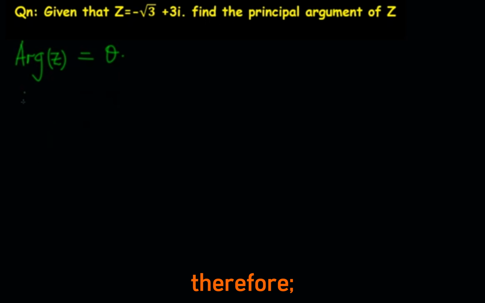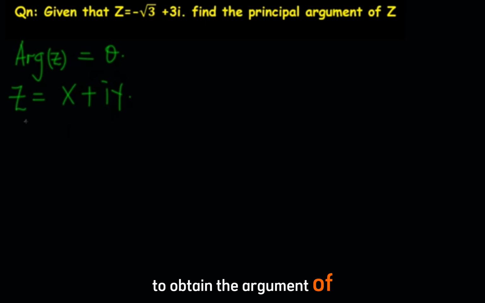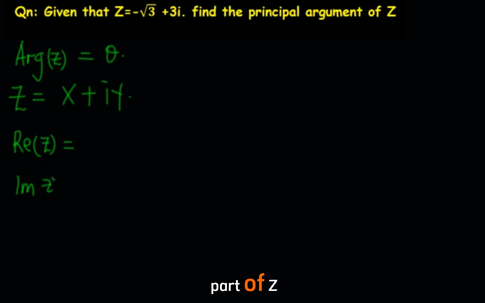Therefore, if I have z in Cartesian form, in order to obtain the argument of z, we need to first plot z. So in order to plot z, we have to obtain the real part of z and the imaginary part of z.